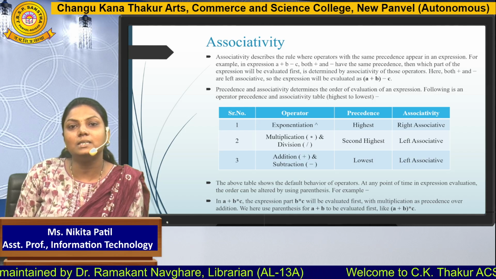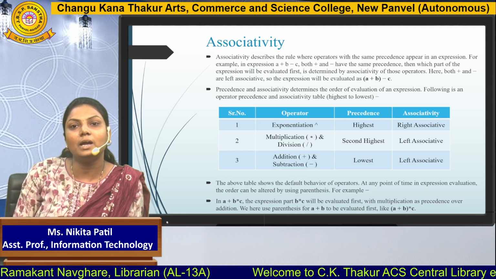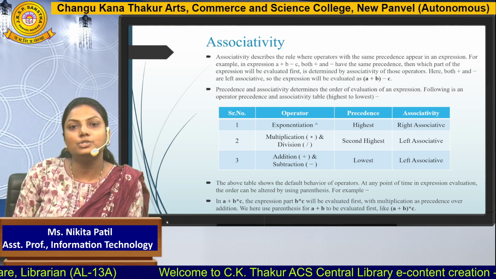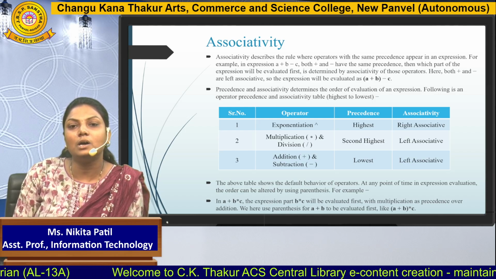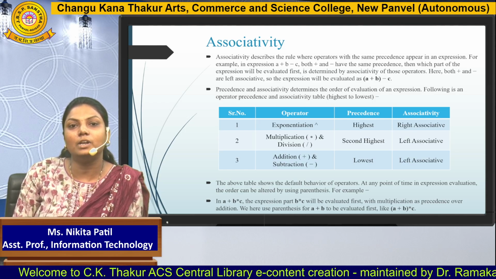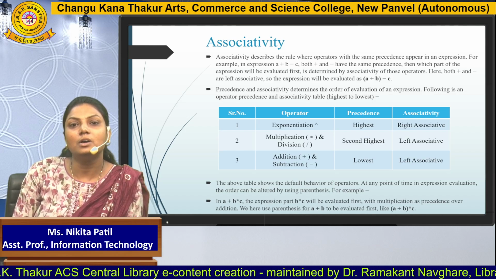The next one is addition and subtraction, which have the lowest priority and left associativity. The above table shows the different behavior of the operators, and at any point of time in an expression evaluation, the order can be altered by using parentheses.